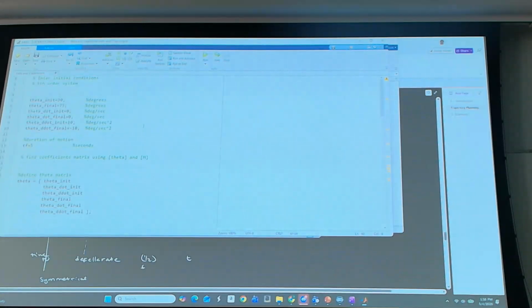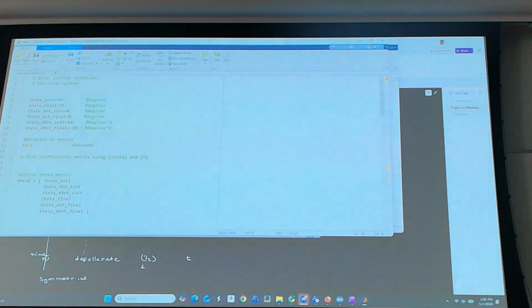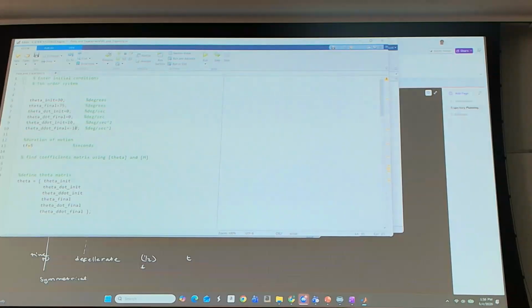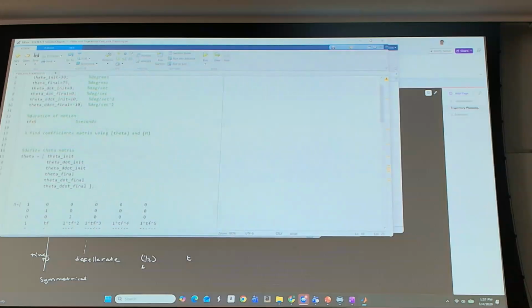So here we have a fifth order system. Here are our initial conditions, our initial positions, our start and stop velocities, and our start and stop accelerations. We can goof around with this all day long. I'm going to give a duration of t final, let's set it to 5 seconds.